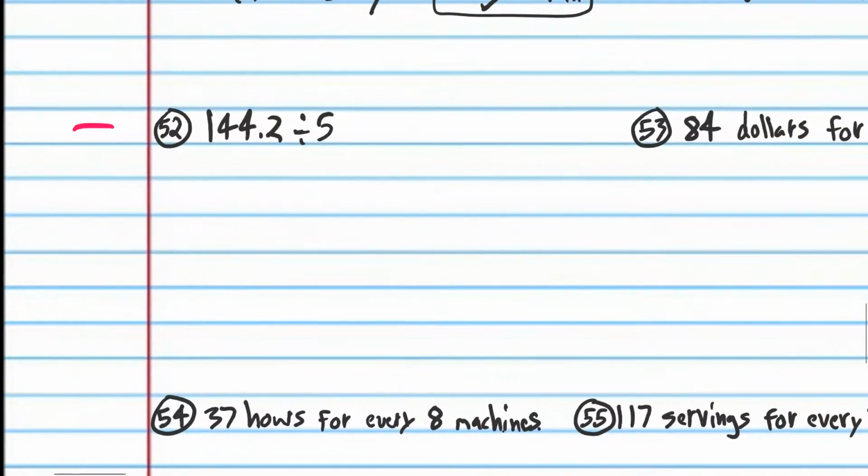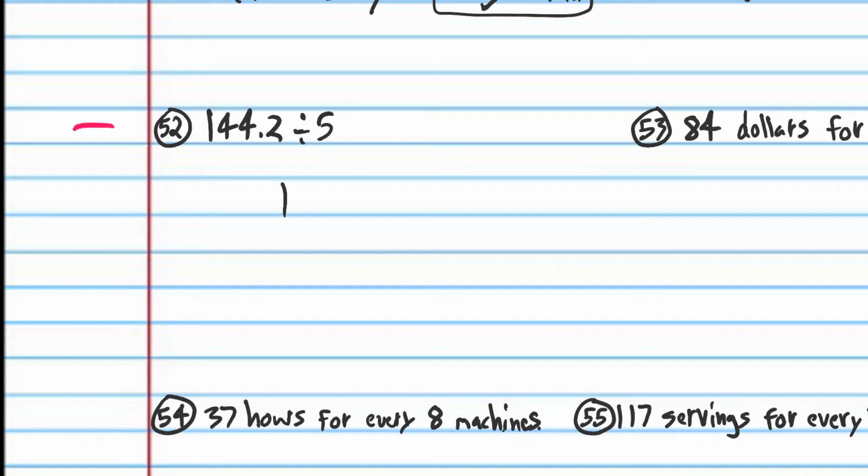All right, now I just want you to be aware that if you have a decimal, this type of thing really doesn't apply. For example, if you try to change this to a unit rate, say you had 144.2 gallons of gasoline, and you could drive 5 miles on that gasoline.